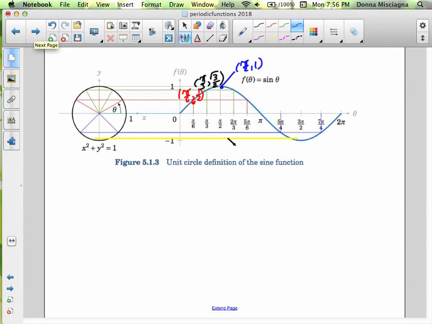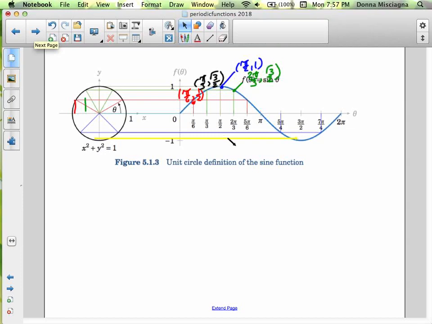At 2 pi thirds, which is right here, we're coming over here. It's still going to be opposite a third, and we're still going to be positive. This will be 2 pi thirds, and this will still be the square root of 3 over 2. 5 pi 6, that's this one over here.